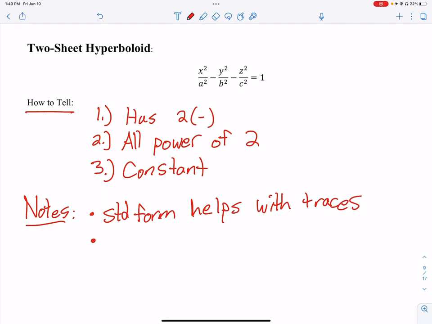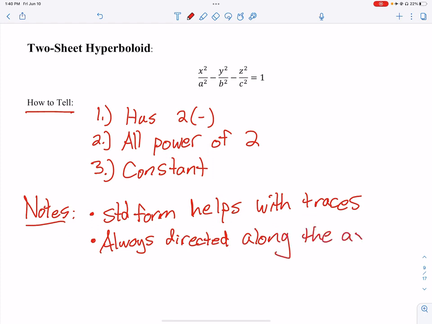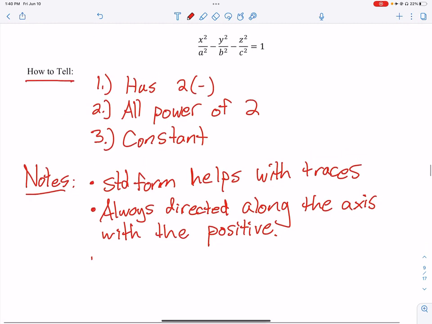The next note, it's always directed along, and it's always the odd person out, along the axis with the positive. Always the one that's not the same as the other two.